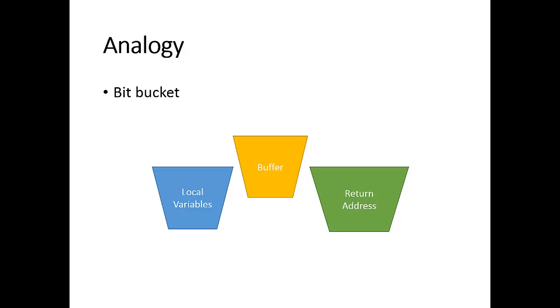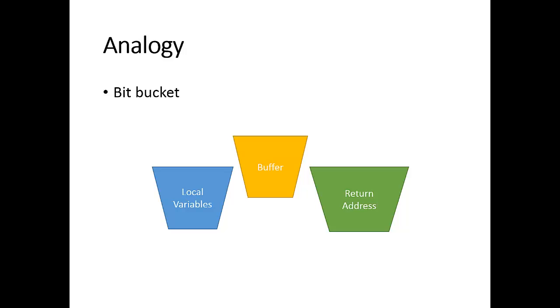But sometimes, either intentionally or unintentionally, a user can provide too much information in this bit bucket called buffer, and that information can overflow into other buckets containing other critical information for running an application.